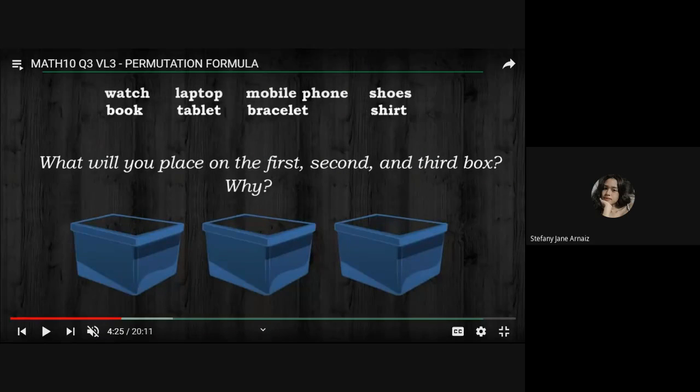In the first box, laptop. Second, bracelet. Third, watch.